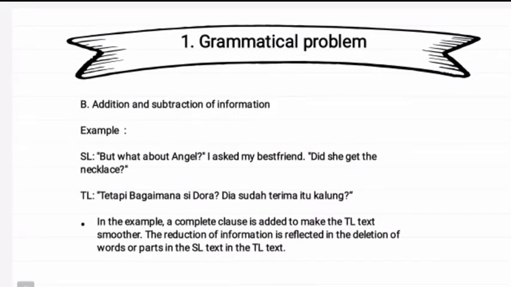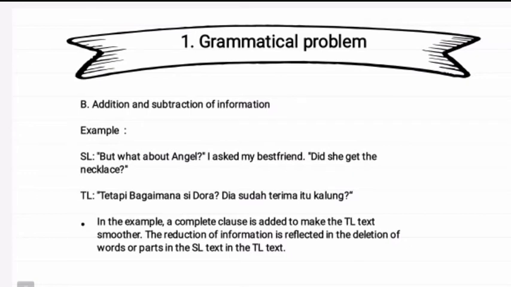And then the next is addition and subtraction of information. For example, SL: but what about Angel? I asked my best friend, did she get the necklace? Yeah. TL: Tetapi bagaimana si Dora?